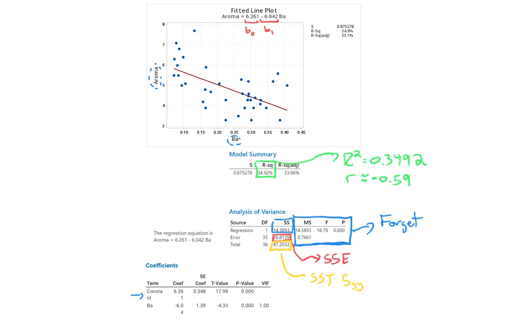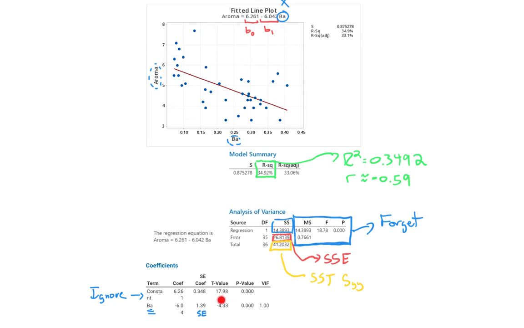We'll ignore that row. But it's the coefficient that goes in front of our variable, BA. That's our x variable. So it gives us our standard error.